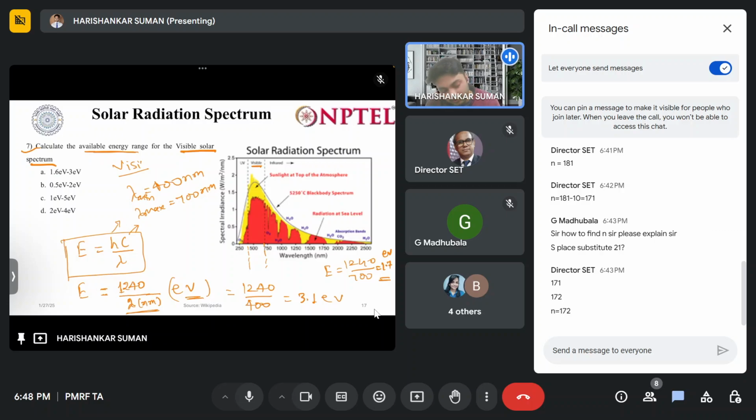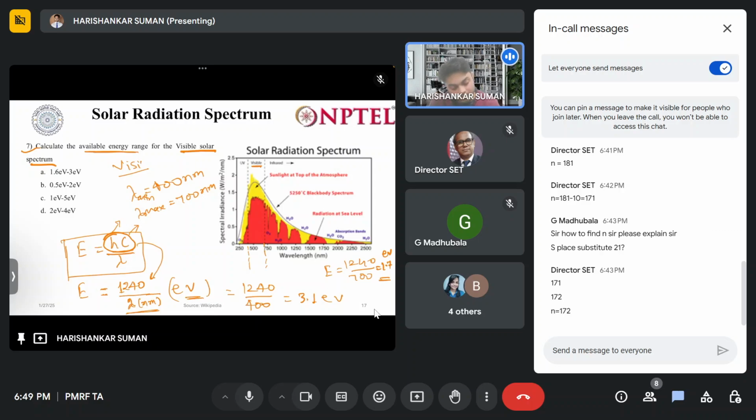So this expression is equal to h nu or hc by lambda, and the constant value of hc in electron volt is 1240, with lambda in nanometer and energy in electron volt. So if you have a lambda, you can use 1240 divided by lambda in nanometer, and energy will be in electron volt. Clear?